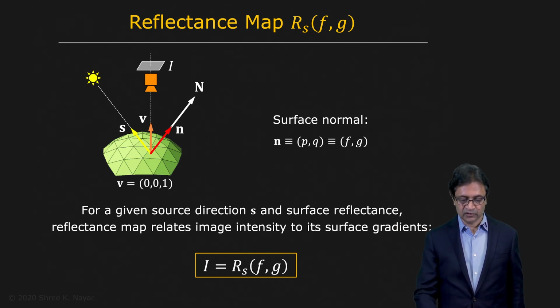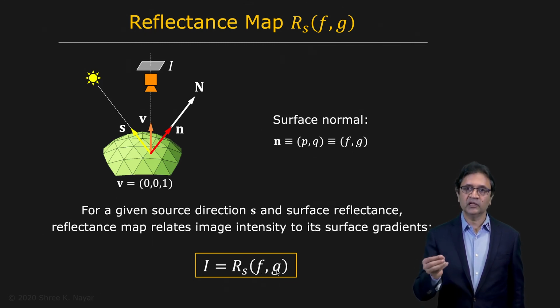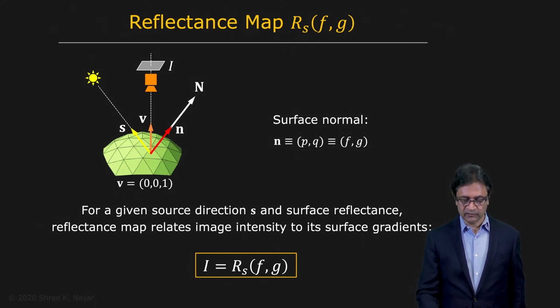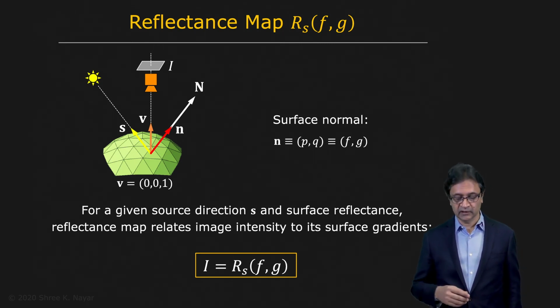And here is your surface normal right here. So you have I equal to Rs, S is for a given source, that's your reflectance map, as a function of FG. If you tell me what the surface normal is, then I can plug that into the reflectance map and I can tell you, as we've discussed earlier, what the brightness is that it would produce in the image.